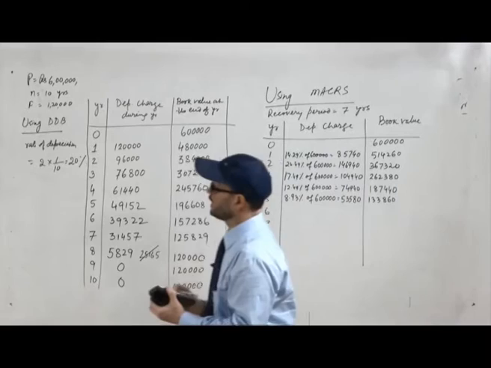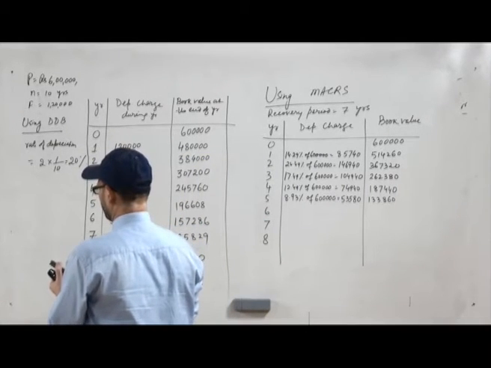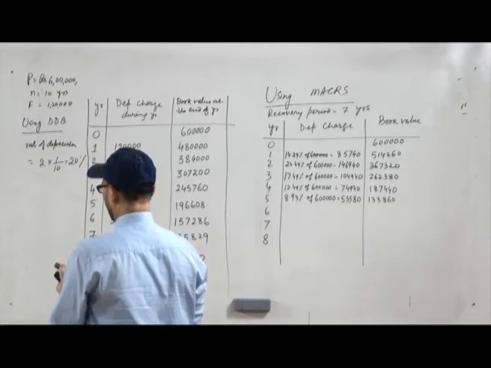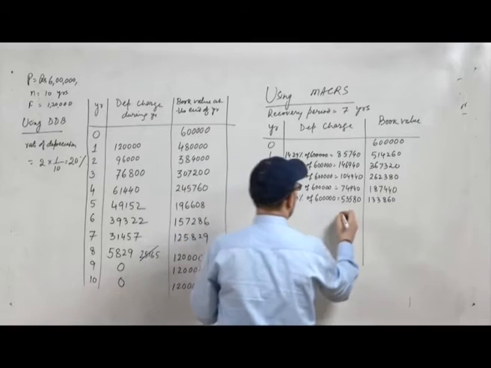From here there is switching occurring. So, 0.0892 multiplied by 6 lakh, this will be the amount 53,520.